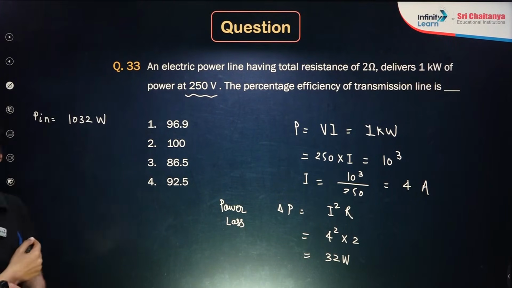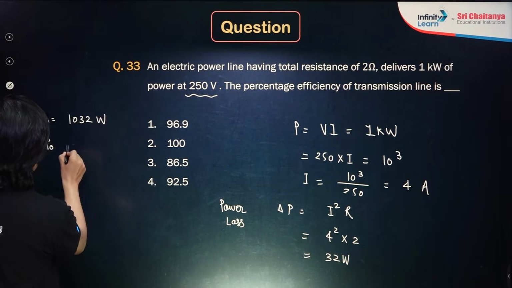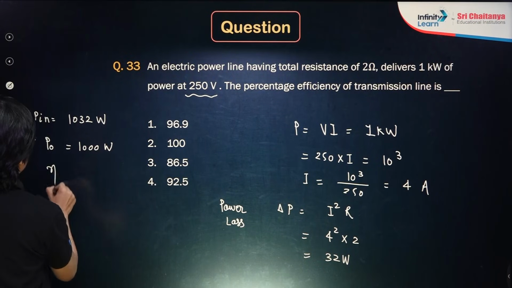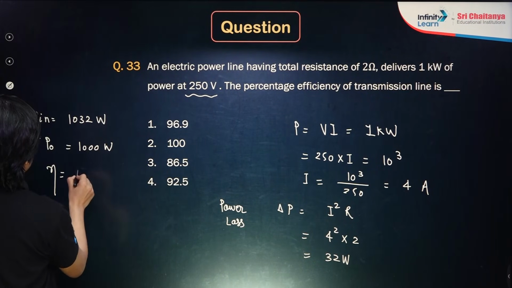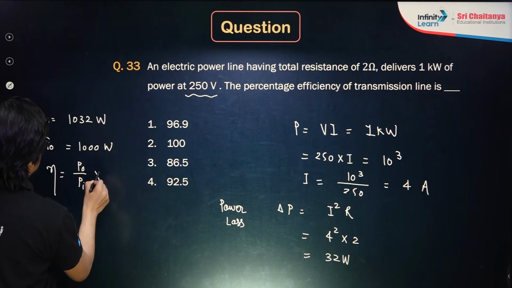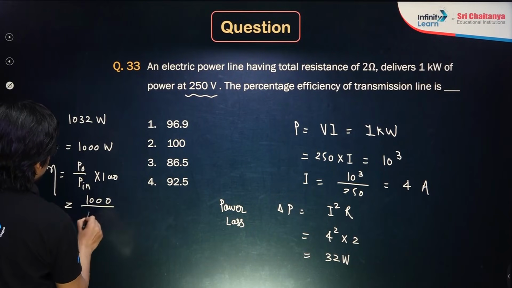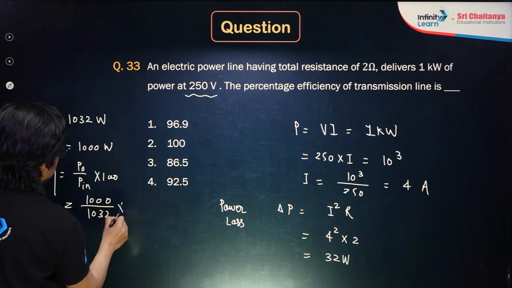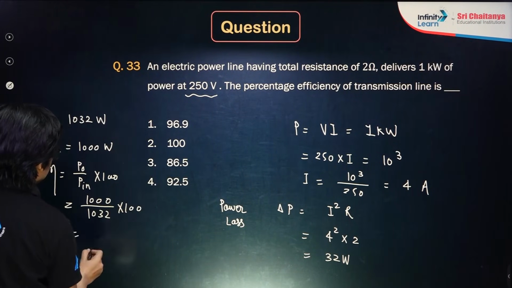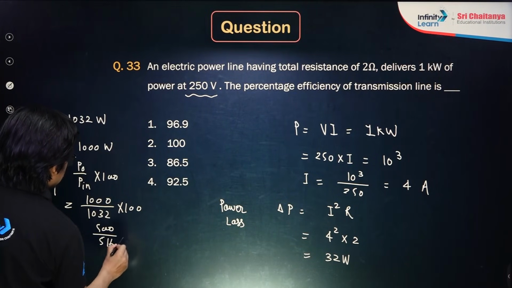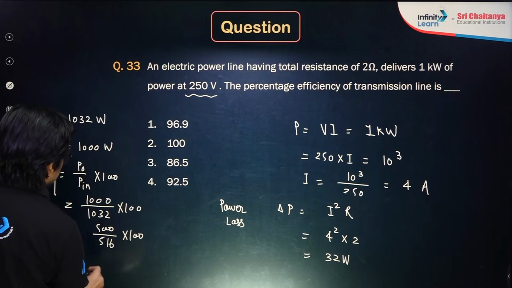The output power is just equal to 1000. So efficiency is equal to P_out by P_in into 100. So 1000 divided by 1032 into 100, so you have 500 divided by 516 into 100.